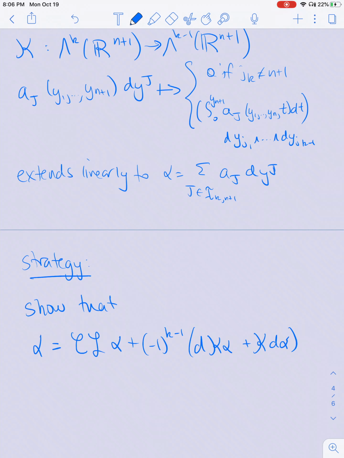And this actually is going to be true for all k-forms on Rn plus 1. We've shown that this first term is exact. The second term is exact because it's d of K alpha. And this term is just 0 because alpha is closed. So that's going to be our strategy, and we'll explain how to complete the proof in the next video.